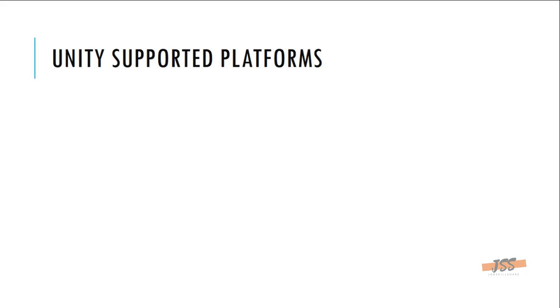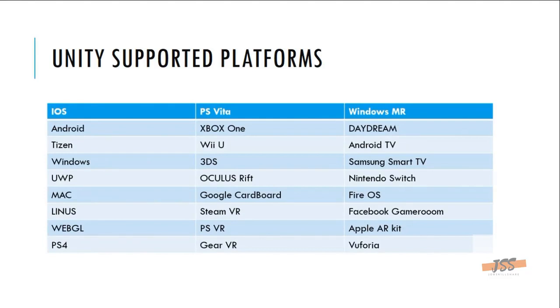These platforms are as follows: iOS, Android, Tizen, Windows, UWP, Mac, Linux, WebGL, PS4, PS Vita, Xbox One, Wii U, 3DS, Oculus Rift, Google Cardboard, Steam VR, PSVR, Gear VR, Windows MR, Daydream, Android TV, Samsung Smart TV, Nintendo Switch, Fire OS, Facebook Gameroom, Apple ARKit, and Vuforia.